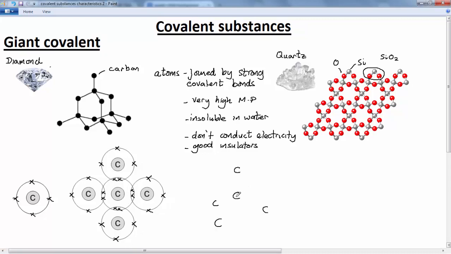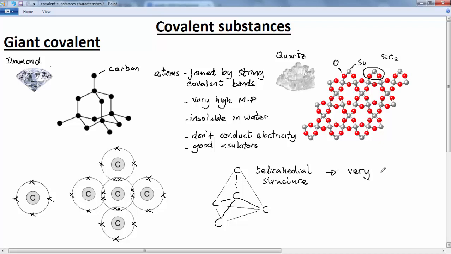Okay, so we have the carbon atom joined onto these other 4 carbon atoms in a form of pyramid. That's what we call a tetrahedral structure. There you go, a tetrahedral. And this tetrahedral structure is very stable indeed.